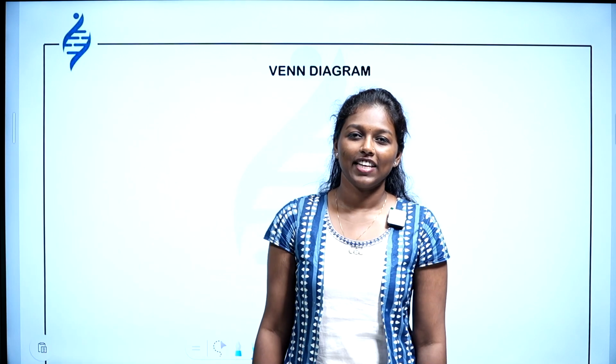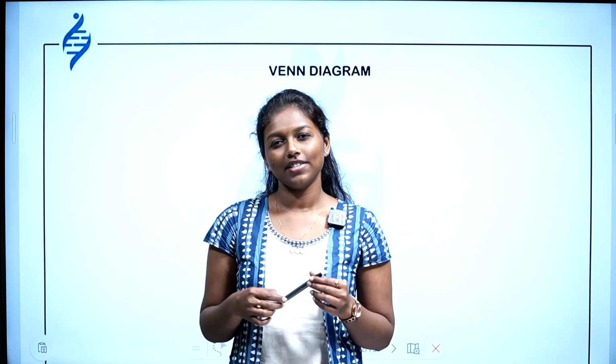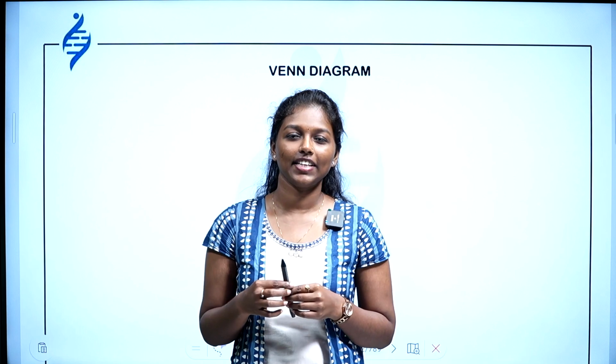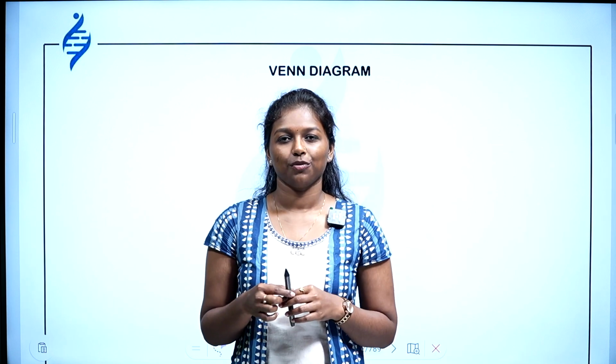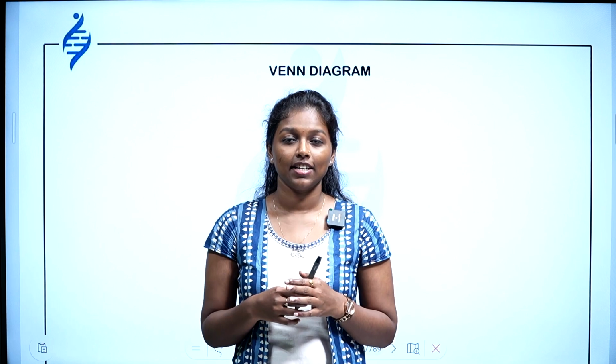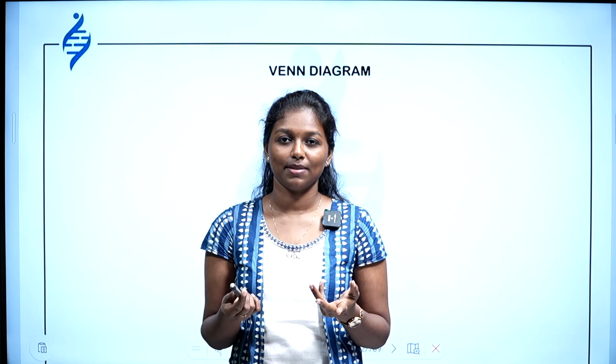Okay. So next we are going to learn about a Venn diagram. So what is a Venn diagram? It's a diagram, right? So why do you need a diagram? We are learning about sets, and why do you need a diagram? To represent a set. Simple.